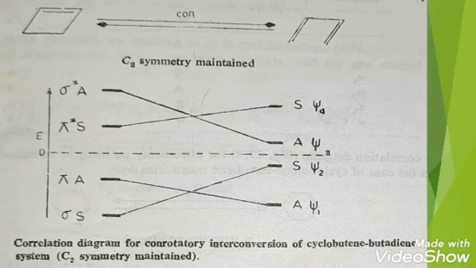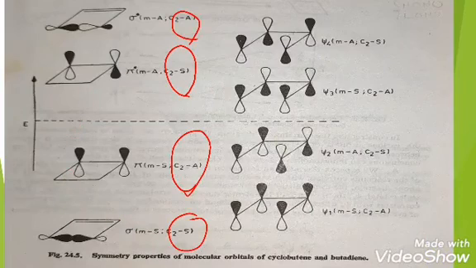It is drawn here. Sigma of cyclobutene is symmetric, pi is antisymmetric, pi star is symmetric, and sigma star is antisymmetric.